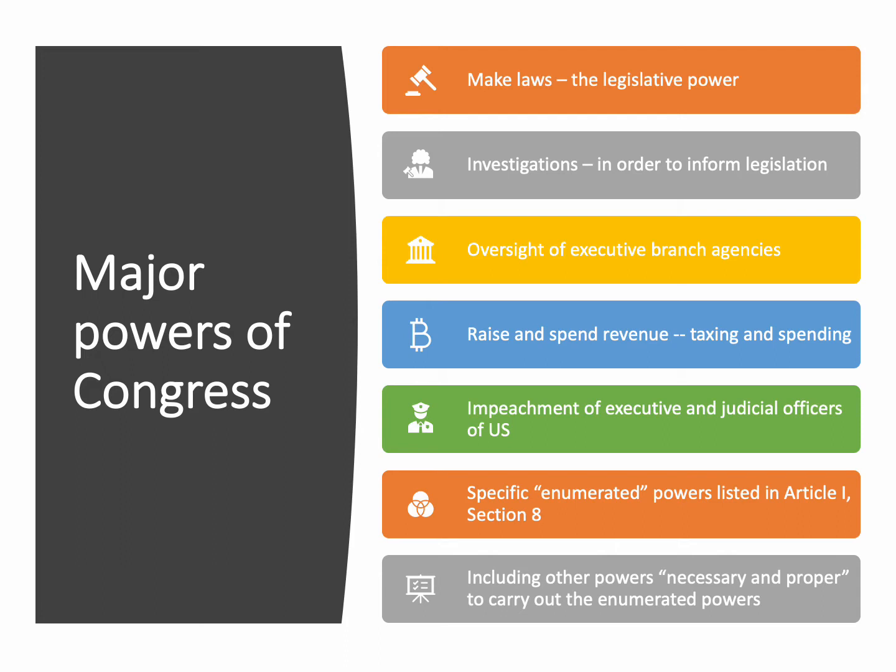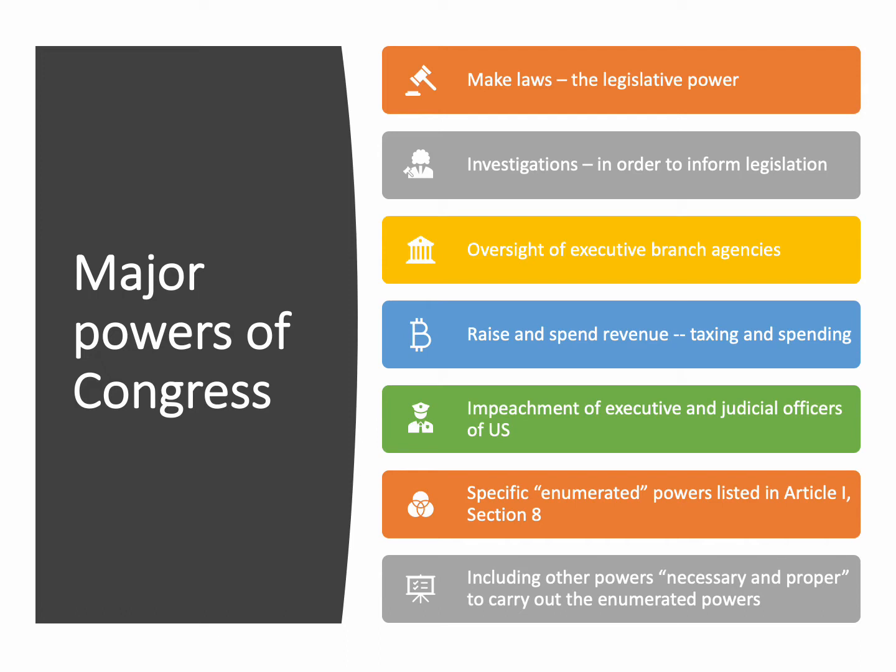But they also have other powers. The Necessary and Proper Clause, which is part of Article 1, Section 8, says that they also have additional power that they might use in furtherance of the enumerated powers.